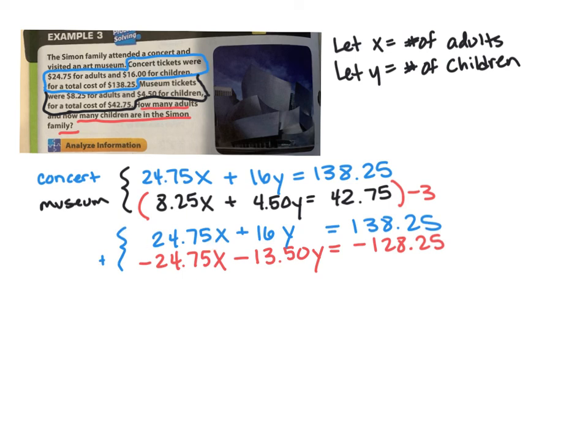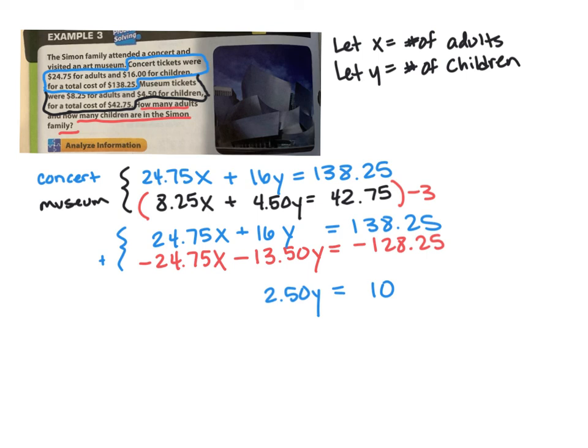They eliminate each other. That was my goal. I have a positive 16 and a negative 1350. So 16 minus 1350 is 250. Don't forget that y. And 138.25 plus a negative 128.25. That's a subtraction, simply straight through. That's going to be 10.